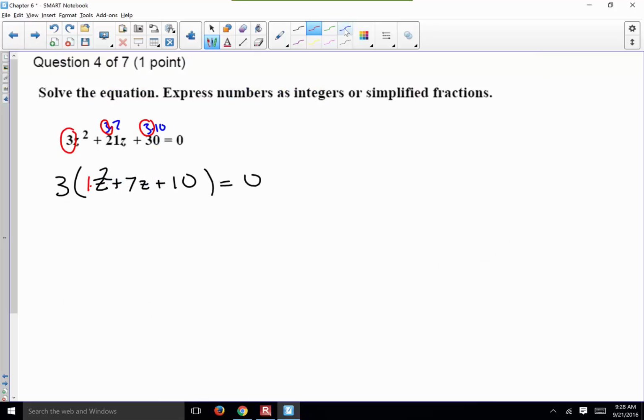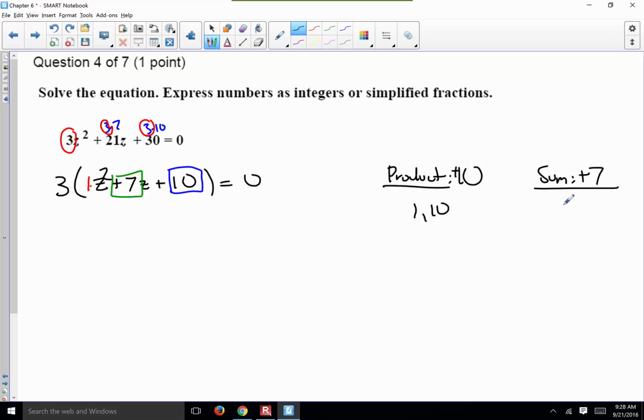That means you can take these numbers and try to guess another pair of numbers making product 10, sum 7, both positive. That's not good. Can you guess it? Is it 1, 10? No. Bad.